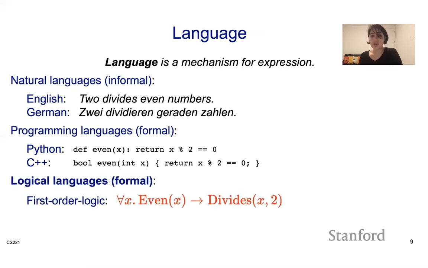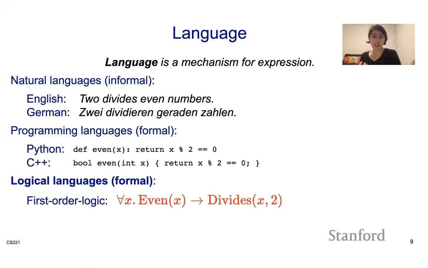In addition to these, we can have logical languages. The nice thing about logical languages is that they're formal, and we can think about the relationship and formal connections between them. The other nice thing about logical languages is they're actually closer to natural language than, let's say, programming languages, because they're declarative. So there is actually a connection between natural language and logical languages.